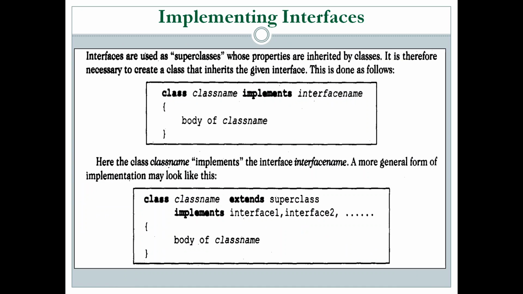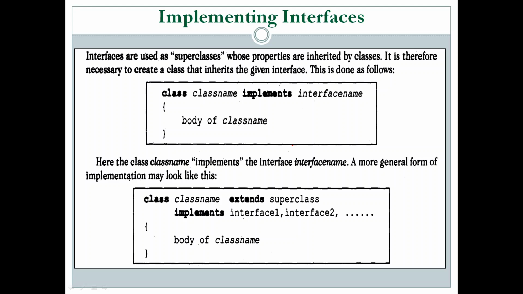Okay, next, implementing interfaces. In the last case we have seen extending interfaces, and in this case we will study implementing interfaces. When one interface inherits from another interface, it is called extending interfaces. Remember, one interface inherits from another interface, it is called extending interfaces.